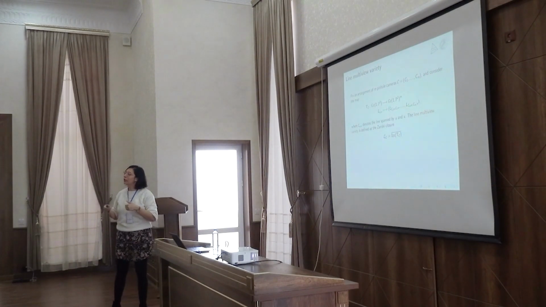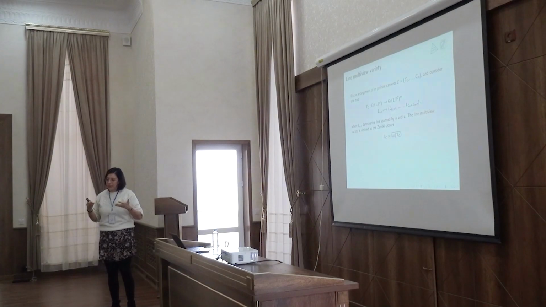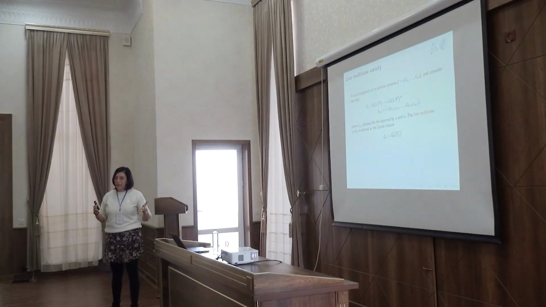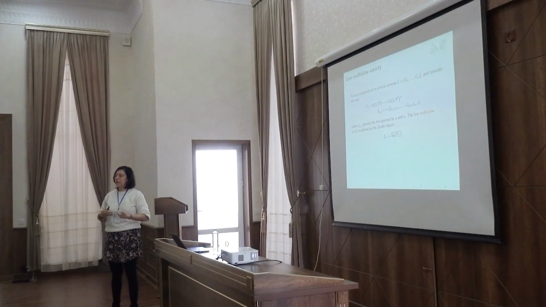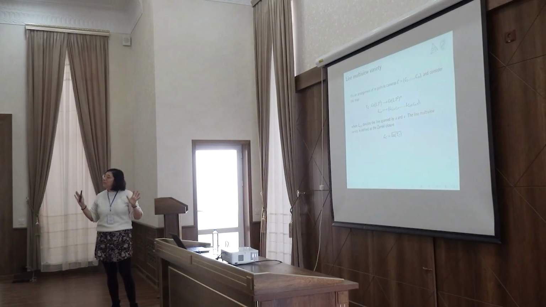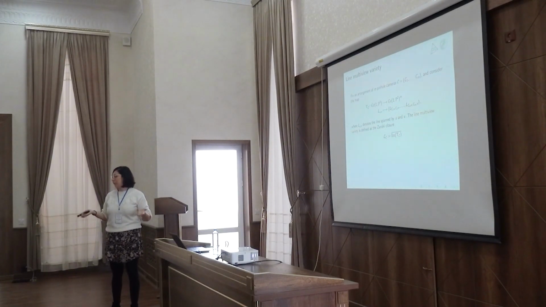Now, since the point multiview variety had been very well understood, what we decided to do was to understand the line multiview variety. There is some value in studying lines. The first is that in buildings and urban scenes, a lot of lines appear because there are a lot of buildings.